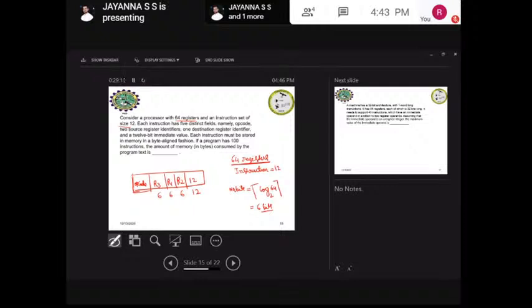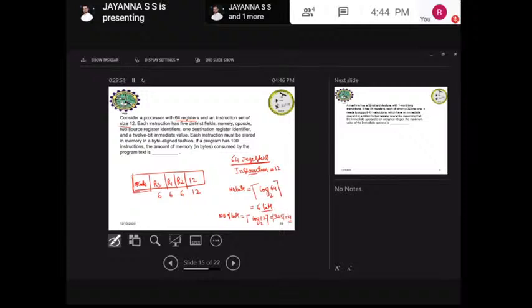The opcode identifies the instruction, and in this example there are a total of 12 instructions. To represent one instruction, the number of bits is the ceiling of log base 2 of the total number of instructions, 12. Log 12 to the base 2 gives 3.25 something, which is rounded up to the higher integer.